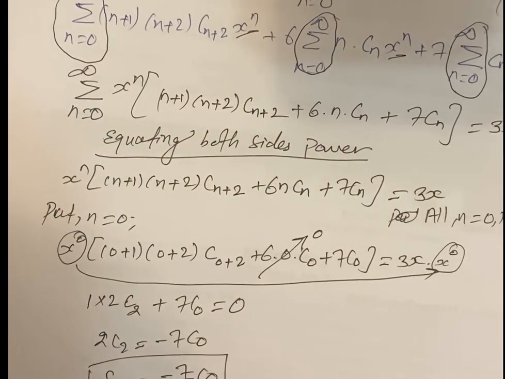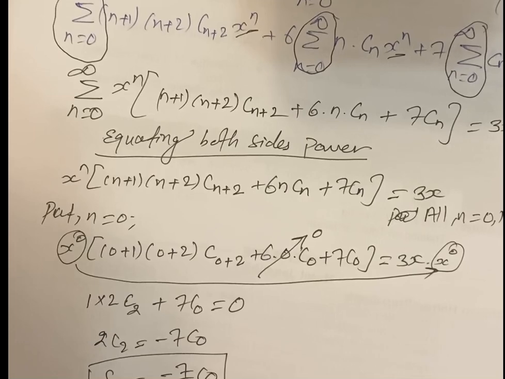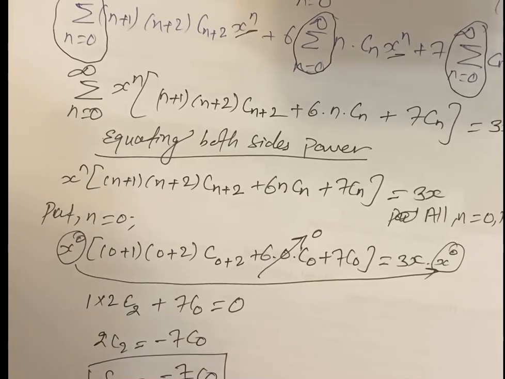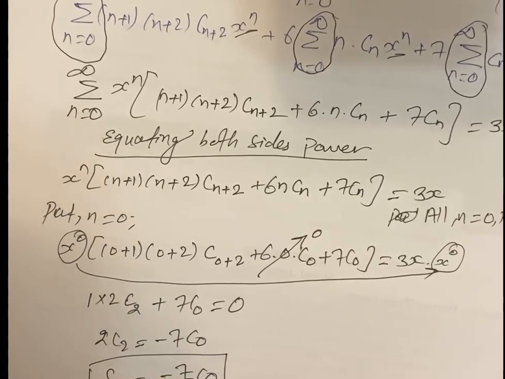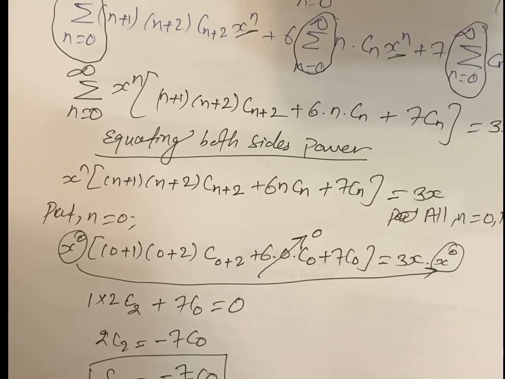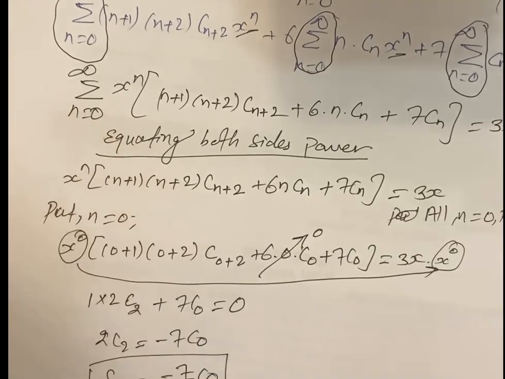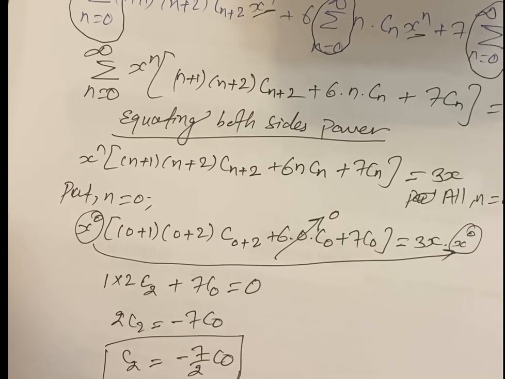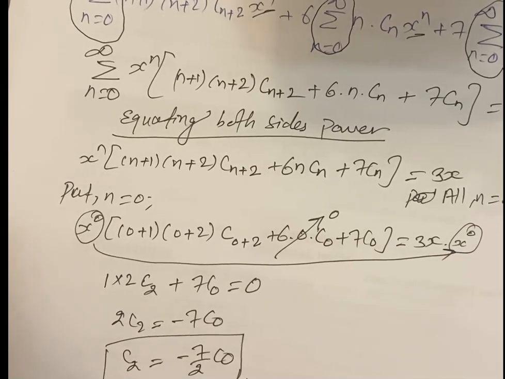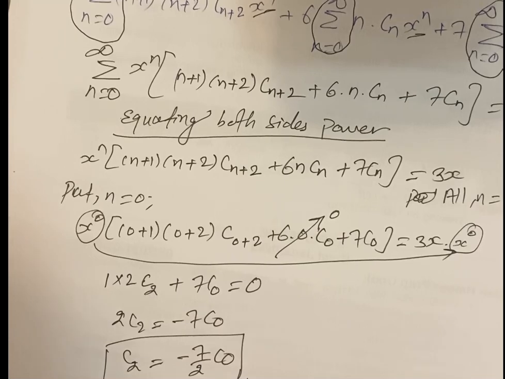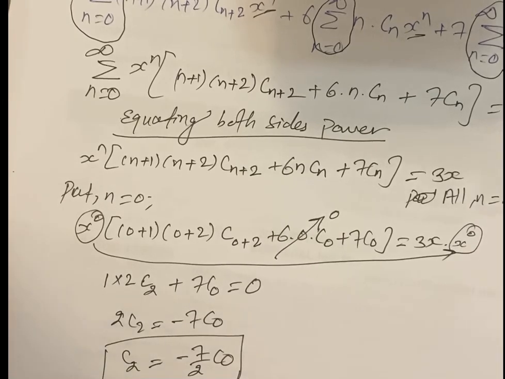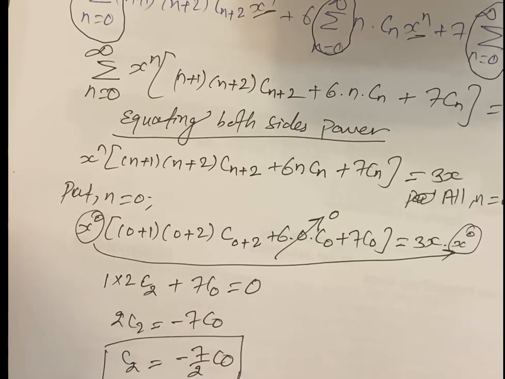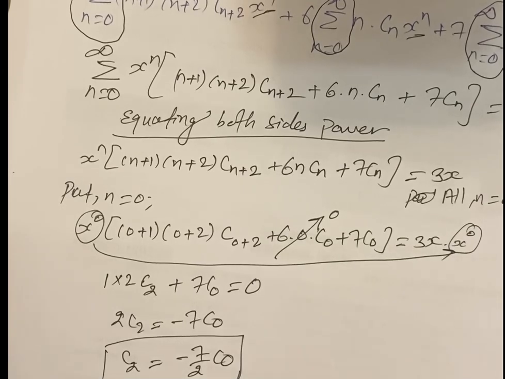Okay, and then 1 plus 2, c1 plus 2 plus 6 into 1 into c1 plus 7 into c1 is equal to 3 into x power 1. So this is 2 into 3 c3 plus 6 into c1 plus 7 c1 is equal to 3 x power 1. So we are only equating this number.